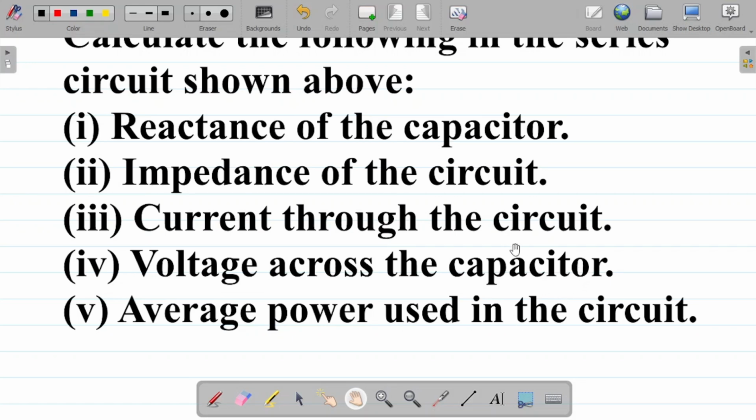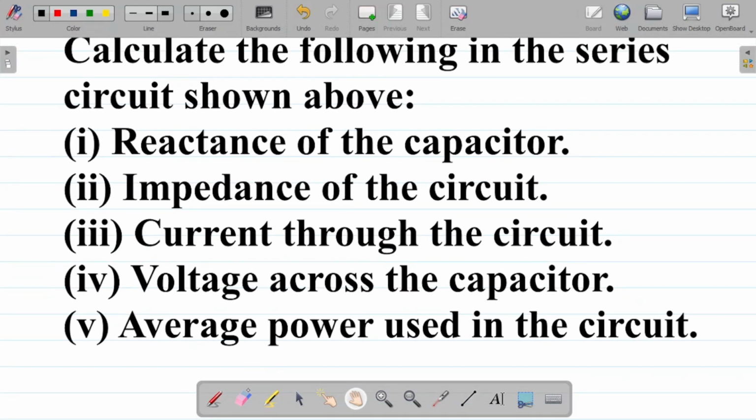Okay. Now in this question, I want you to note two things. Your focus is usually either on the capacitor, as you can see here in number 1 and number 4, both talk about the capacitor. The first thing to observe is that they mentioned capacitor here, and also in question 4 they mentioned capacitor.